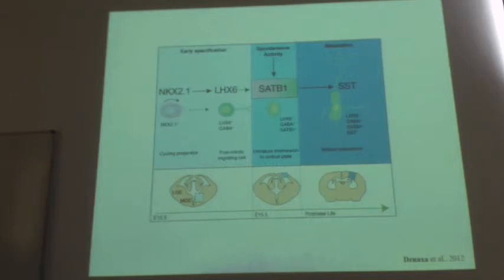Or indirectly. But what I'm asking is, do you need to express it at the time, transcribed and present as protein, at the time that SATB1 starts expressing? Do you need it at this very moment, independent of whether it's happening directly or indirectly?